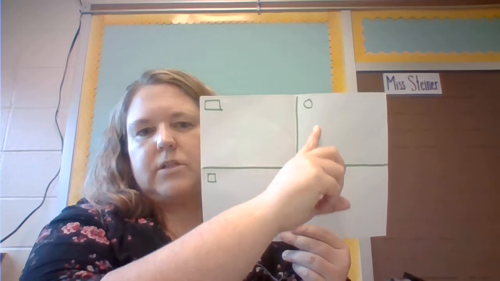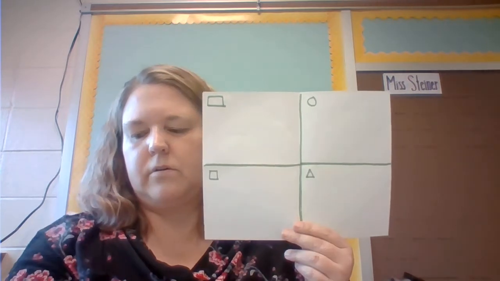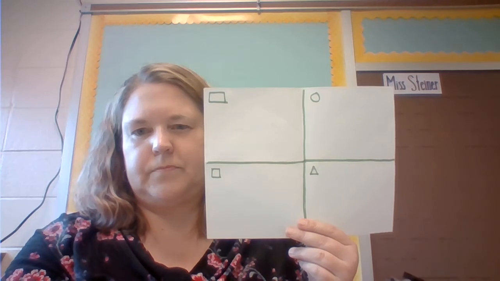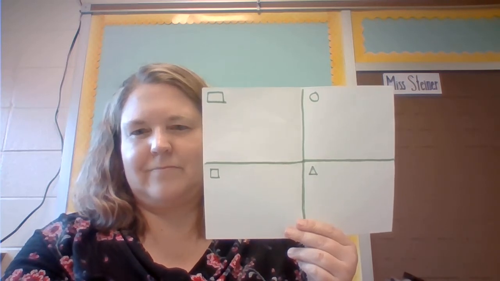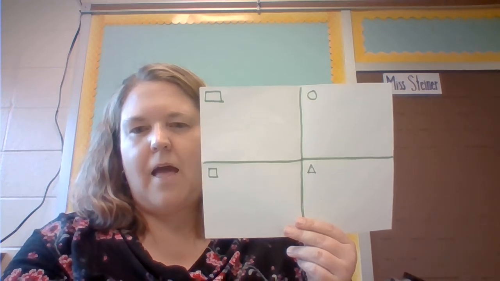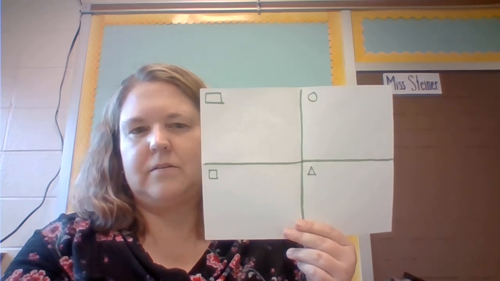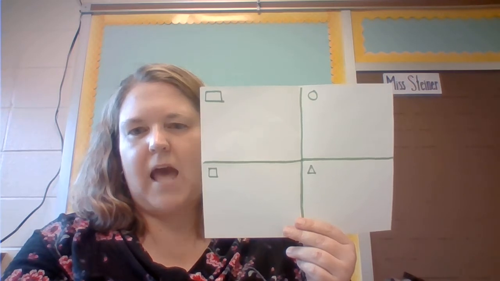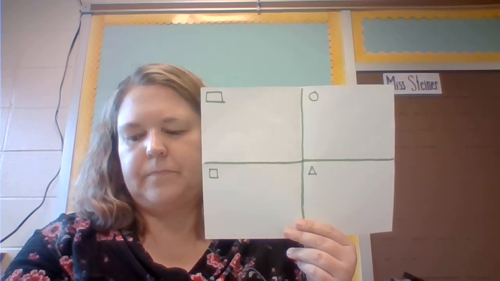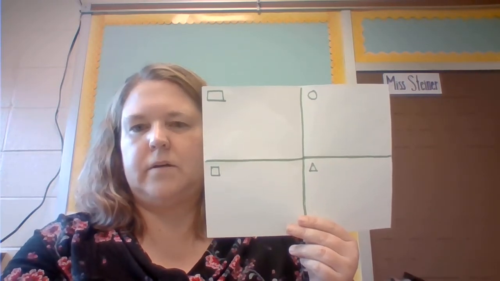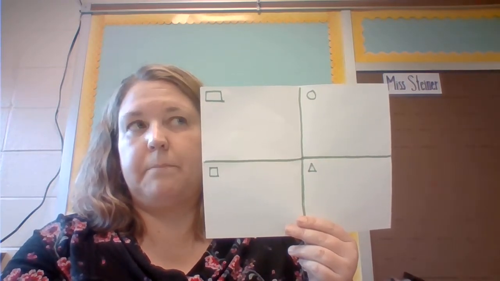R. So as you write it, say R. Write the letter that says ah. And the last one for the circle box is B. Write the letter that says B.